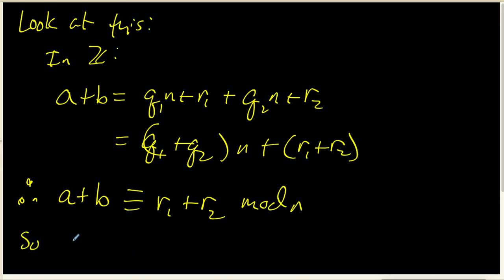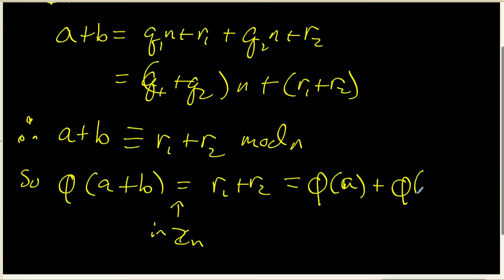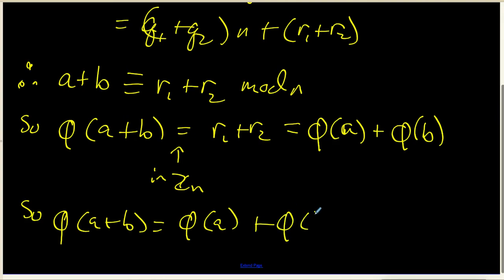And that says that phi of a plus b is going to be r1 plus r2 when we are inside Zn. And of course, inside Zn, the arithmetic takes care of itself, and that r1 is phi of a, and that r2 is phi of b. And when we put this together, we have phi of a plus b is indeed phi of a plus phi of b. And so we can say phi preserves addition.